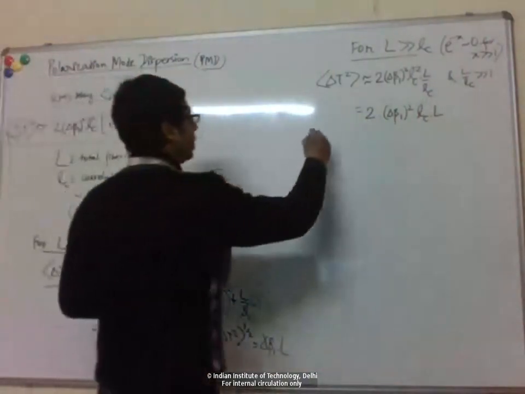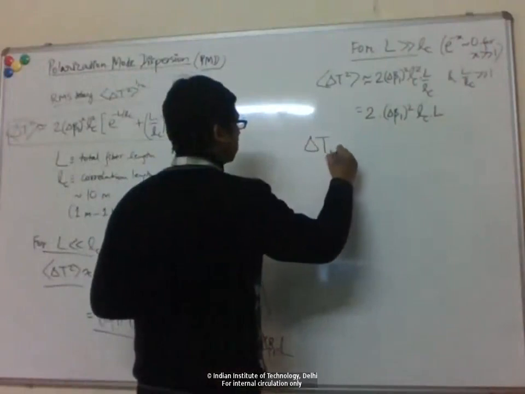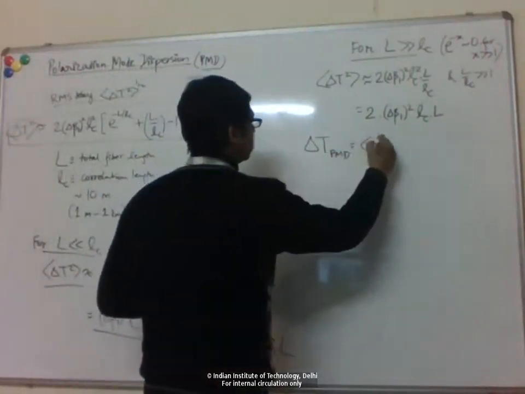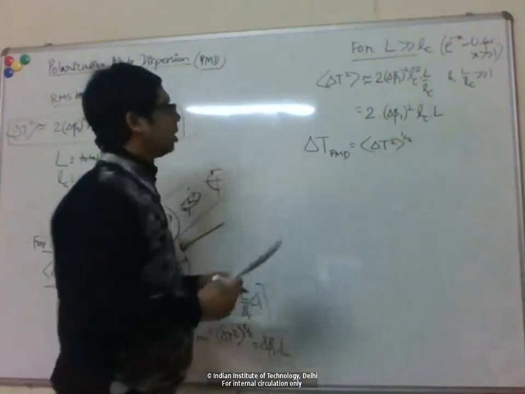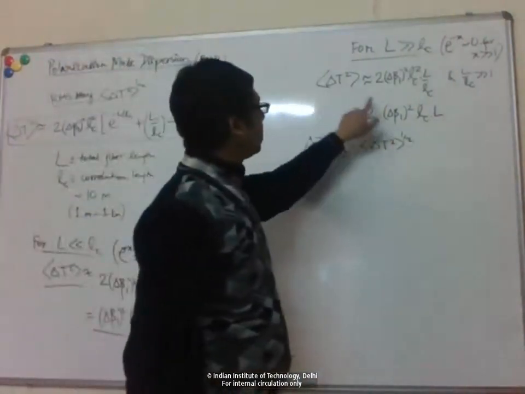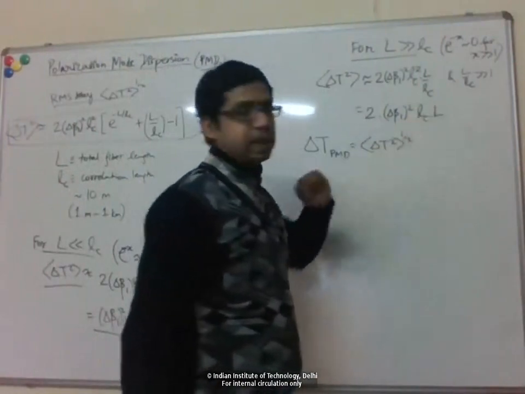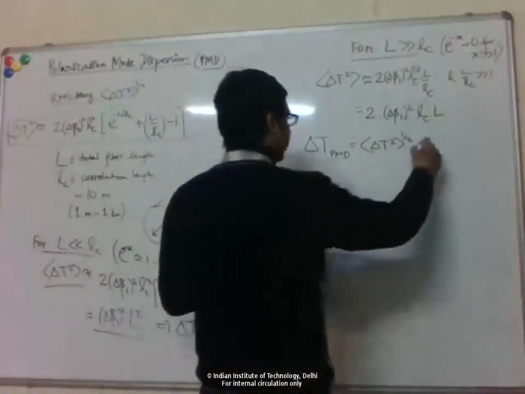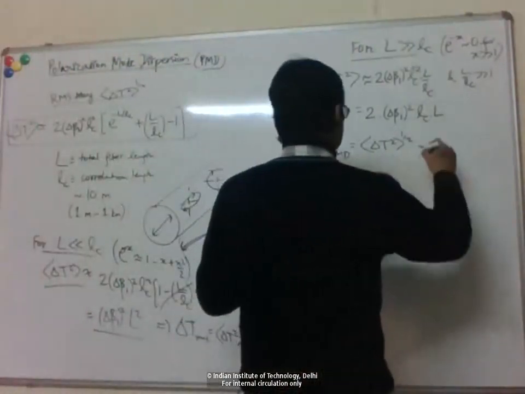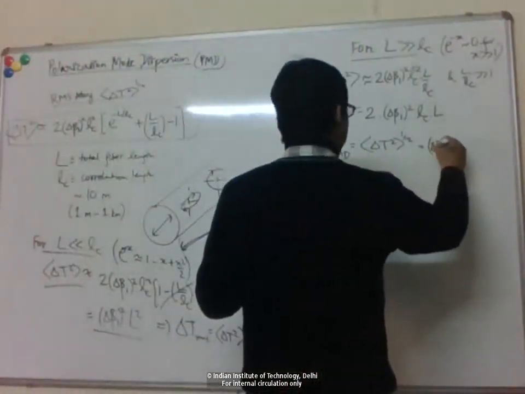Okay, so now the RMS broadening due to polarization mode dispersion now. You take the square root of this. So you see here now delta t square just has one factor of capital L, the fiber length, right? So when we take the square root, we get something which is proportional to the square root of the length.